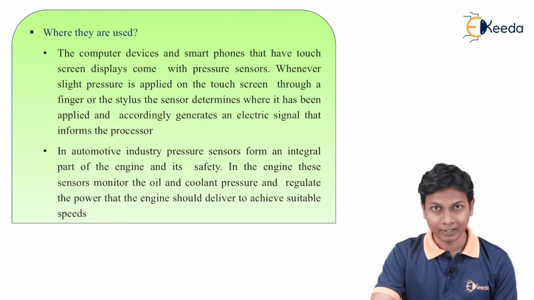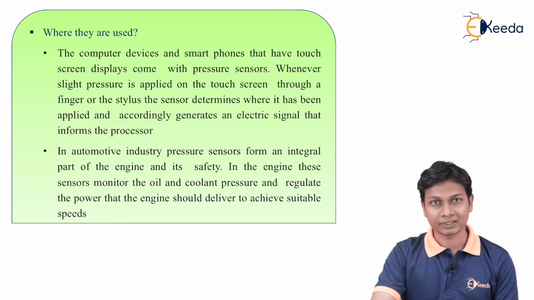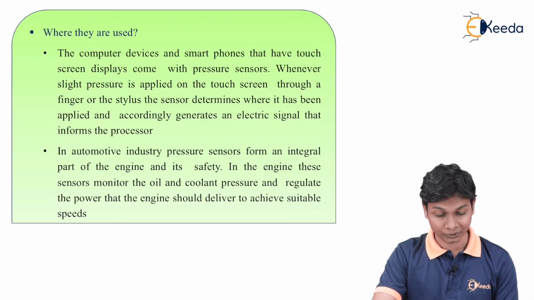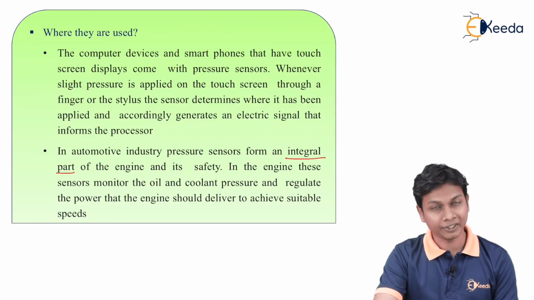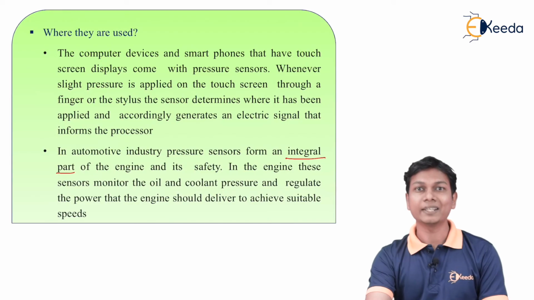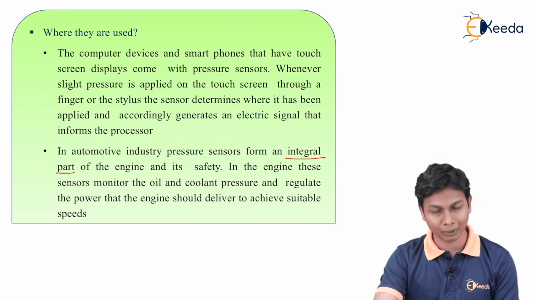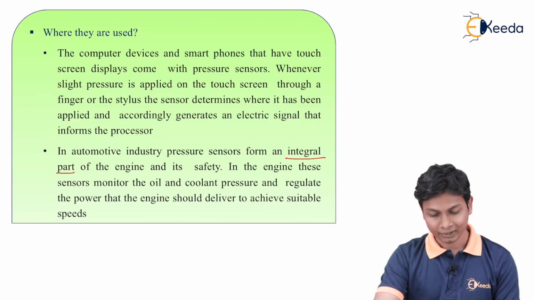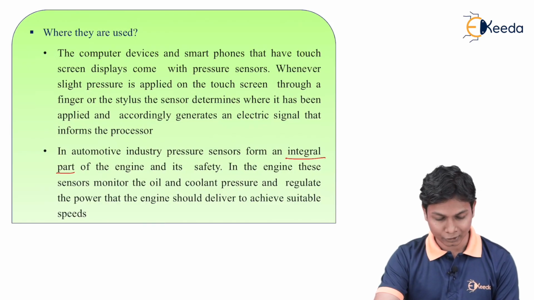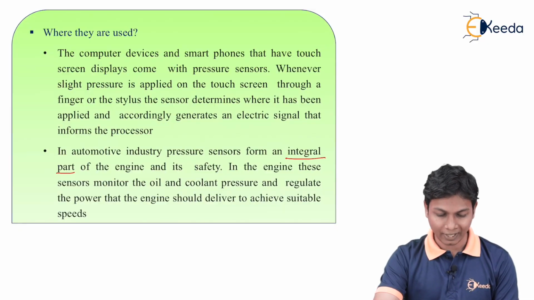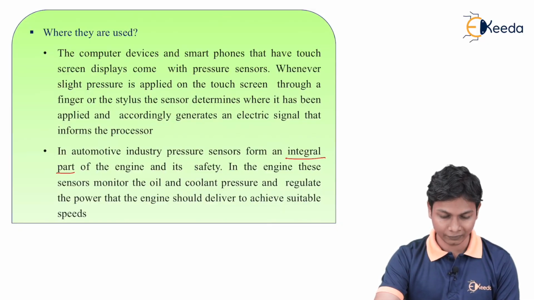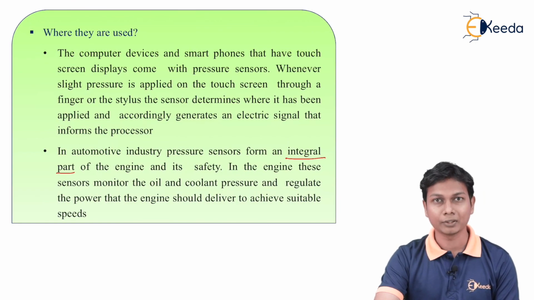In the same way, in the automotive industry, pressure sensors are also used. Where are they used? They are an integral part of an engine, and are used for safety purposes. In the engine, these sensors monitor the oil and the coolant pressure and regulate the power that the engine should deliver to achieve suitable speed.